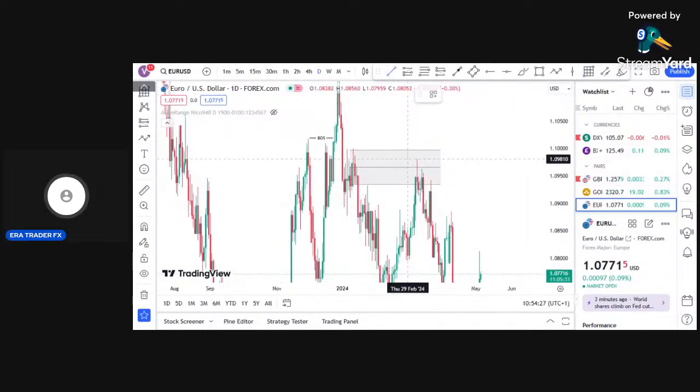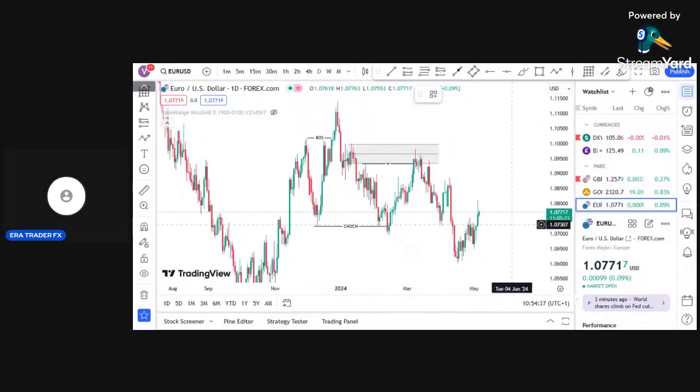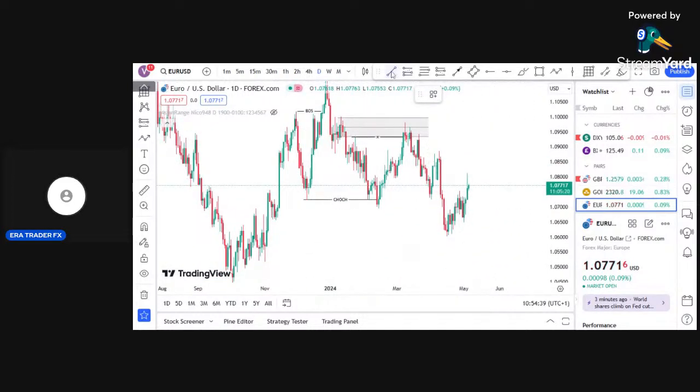We had this liquidity resting above that zone that was taken out, and then we saw that push to the downside. Then we saw this break of structure again.